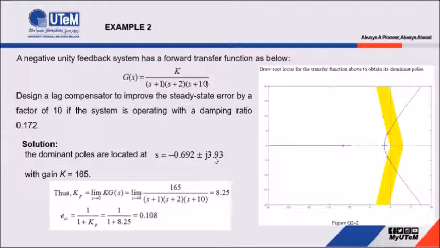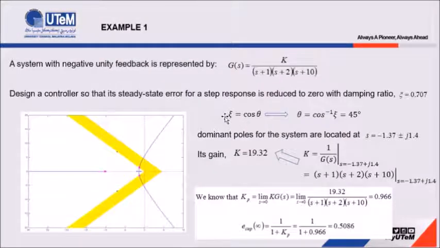We can use the same procedure as in the PI controller, where we use the formula zeta equals cos theta, and from there we can get the value of theta, where theta is equal to inverse cos zeta.